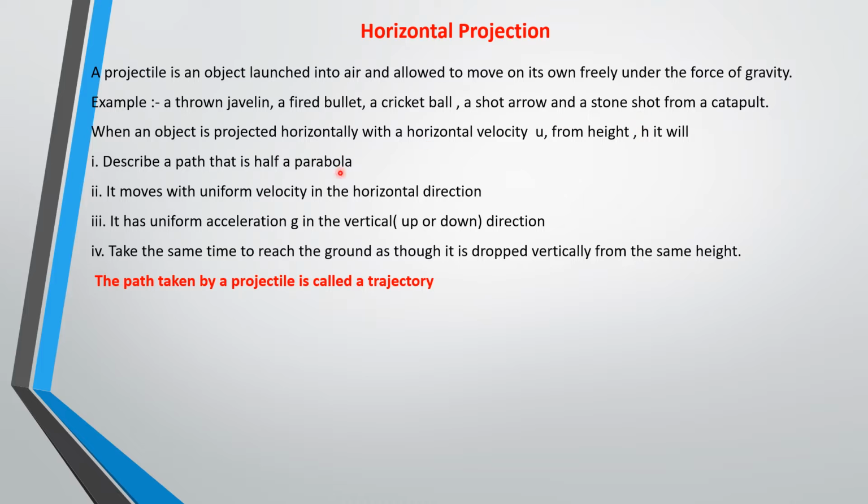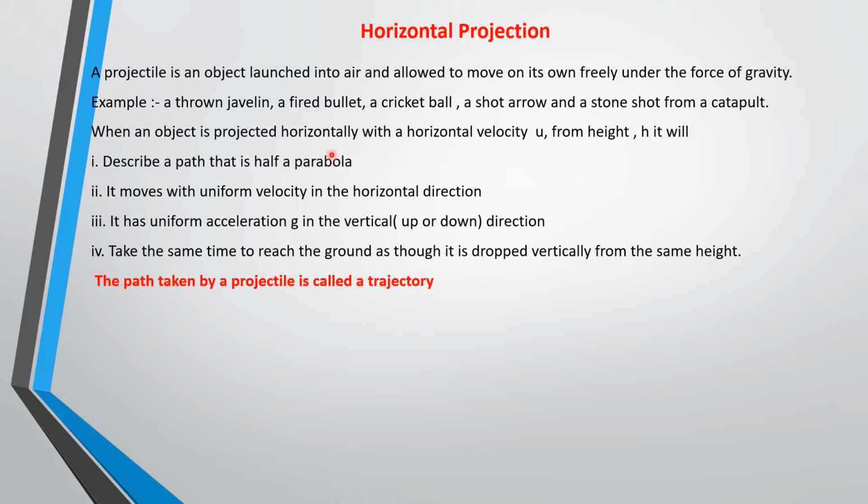So when an object is projected horizontally with a horizontal velocity u from height h, the object will describe what is called half a parabola. A parabolic curve is like half of a circle. You know what a circle is, so when you cut it into half, a curve that looks like that is called a parabolic curve.